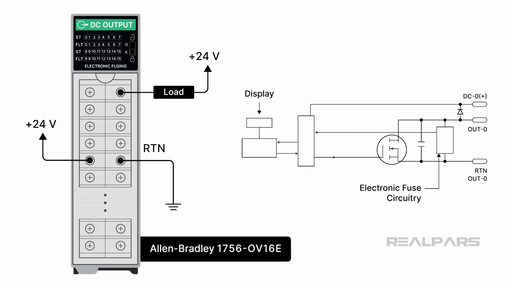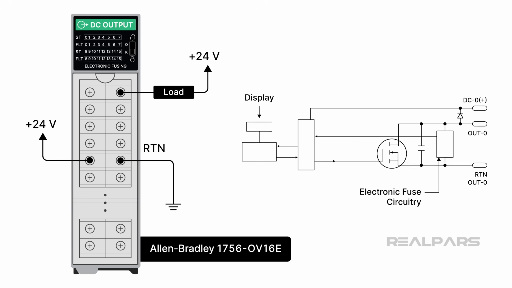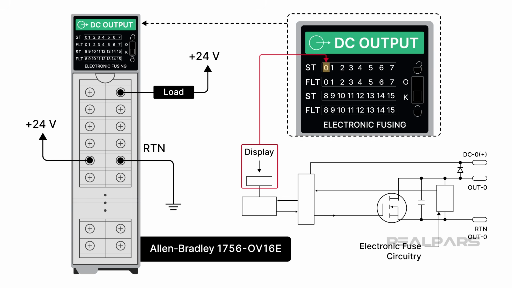This module requires a plus 24 volts supply to power the internal electronics, but it sinks the load current at the module output. If the ST LED 0 is on, the internal solid-state switch closes, providing a current path through the load to ground. The illuminated LED does not indicate that the output circuit is operating normally.